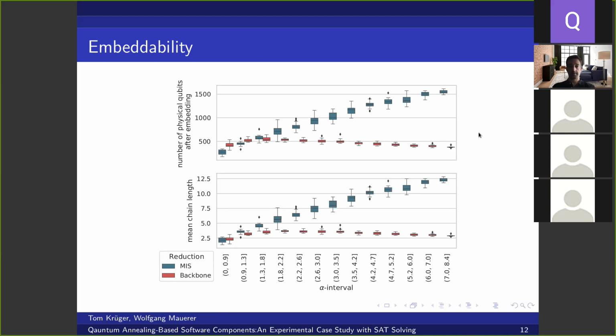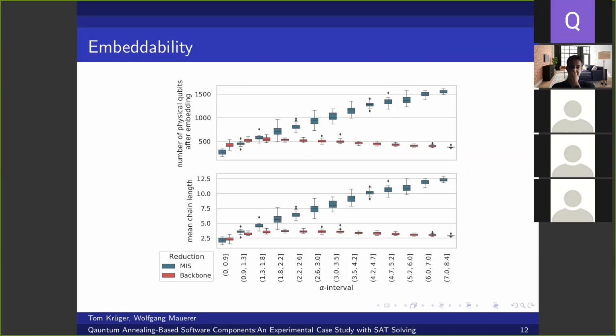And in the top graph, we have the number of physical qubits after embedding, which is the really important figure here, because this is the number of qubits we really need to solve the problem.